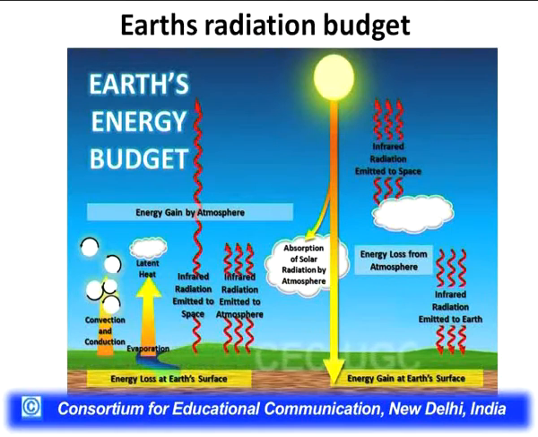So, a good portion of the radiation being emitted by the earth is responsible for sensible heating, which is responsible for various climatological phenomena. Apart from that, a good amount is also used for the latent heat. What is latent heat?